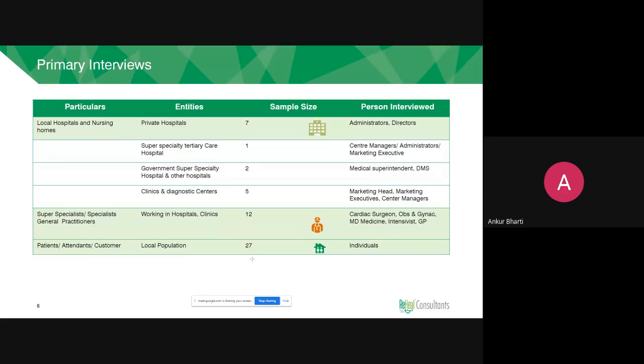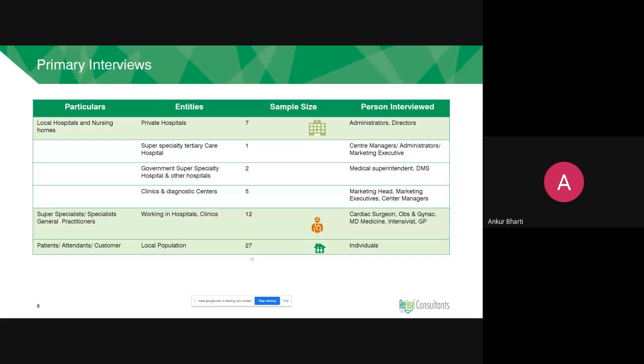If you see the healthcare system of cities like Jammu, there are not many private hospitals, not many even organized players in that city. That also prevents us from doing a large research, since the targets are not there.